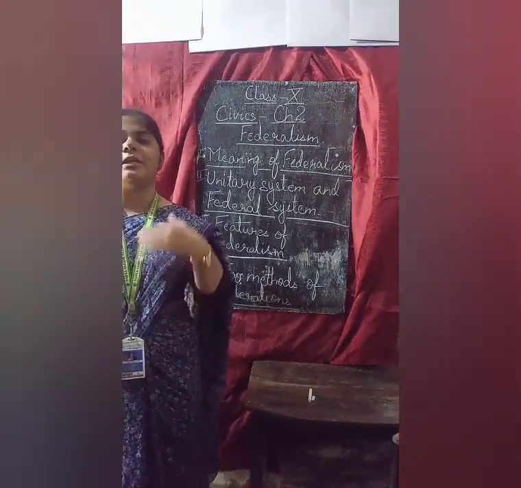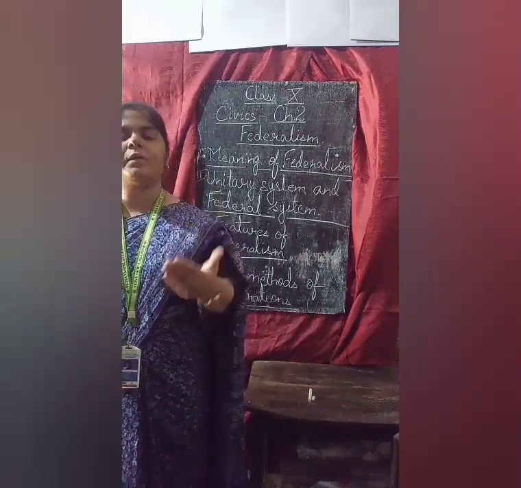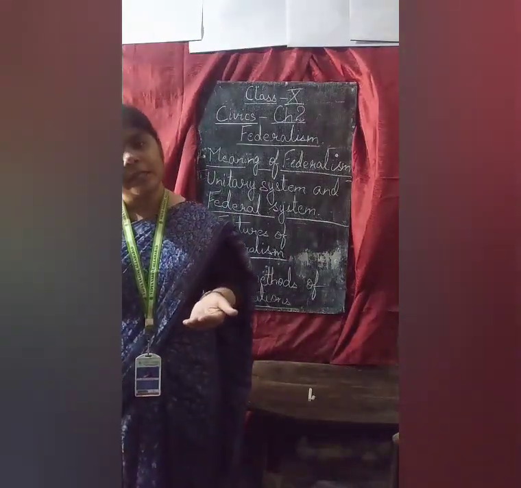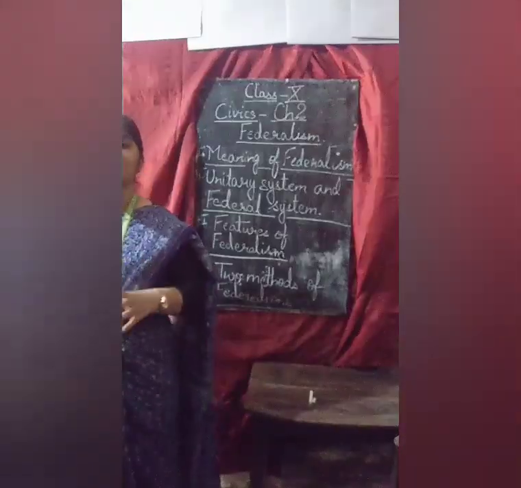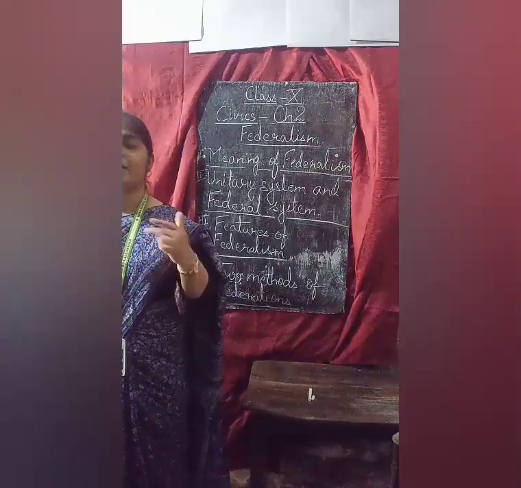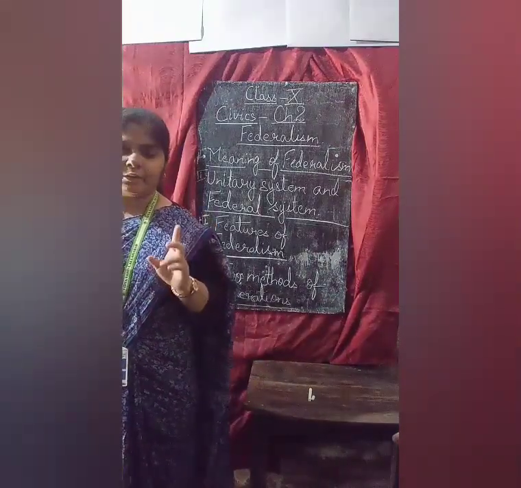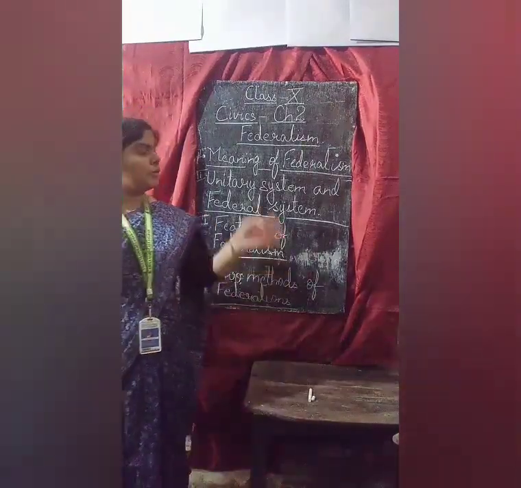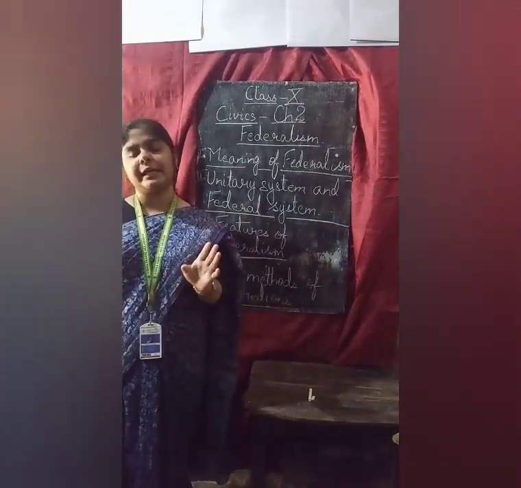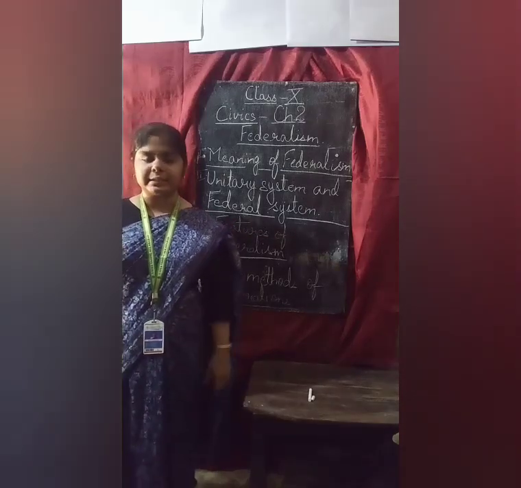That means we give a little bit more power to the central government as compared to the state government. Fine. So these are the two methods which are followed in different countries to practice federalism. Now you will revise this part of the lesson. In the next video we will meet again and continue the lesson. Thank you.